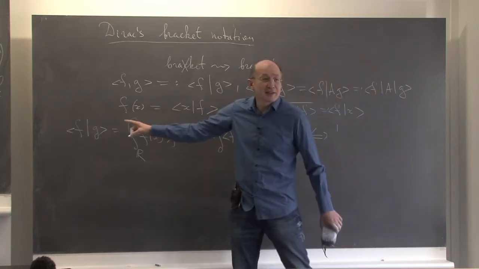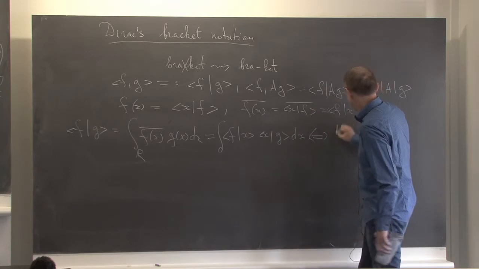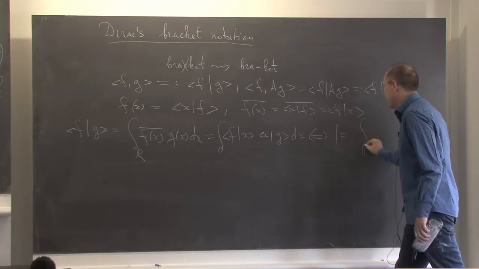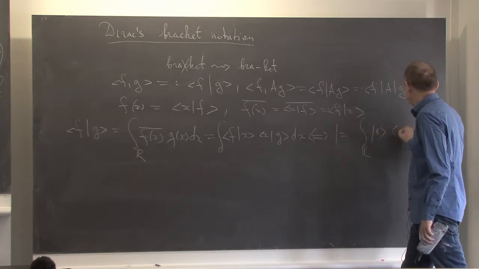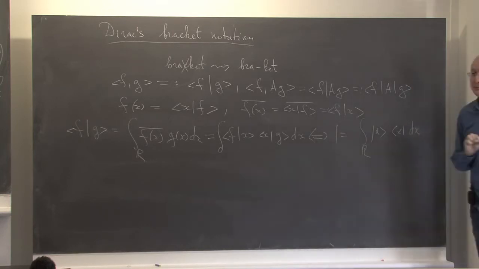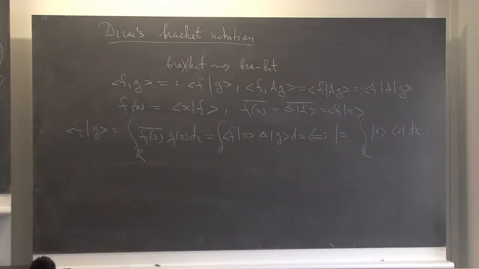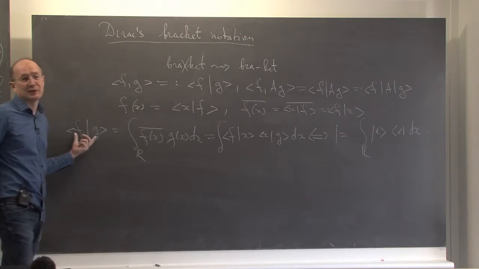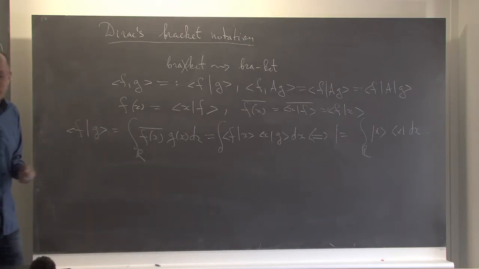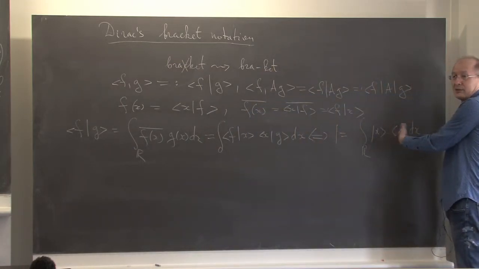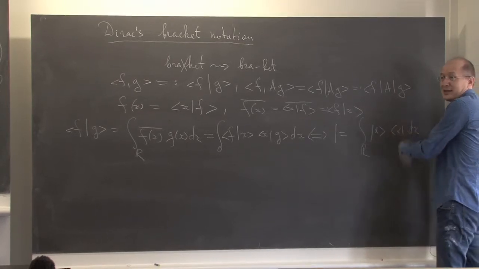What remains on the left-hand side? Just the vertical bar. What remains on the right-hand side is this. Okay, so that's one of the properties. So you see, if on the mathematical side you have to use two letters to talk about something, in this notation you are more economical. No need for either f or g, but you say the same thing.